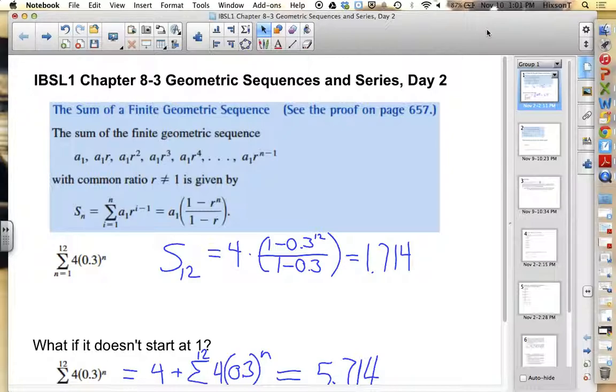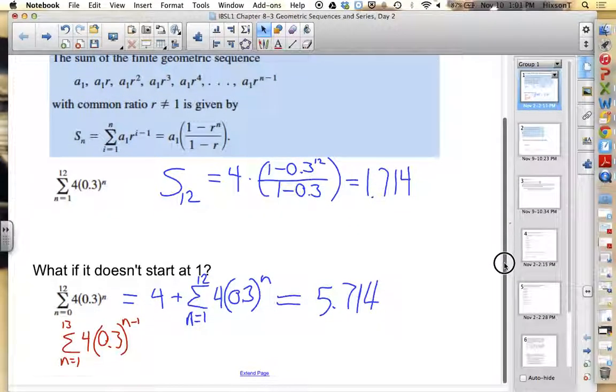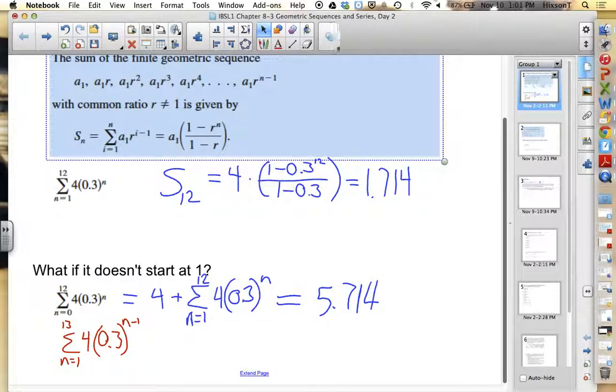So, as we look at the geometric sequences and series, the partial sums, remember we looked at here when we have the sum of the first 12 terms, we're using this formula here. A sub 1 is 4, because we plugged 1 in. Or I'm sorry, we don't plug 1 in.